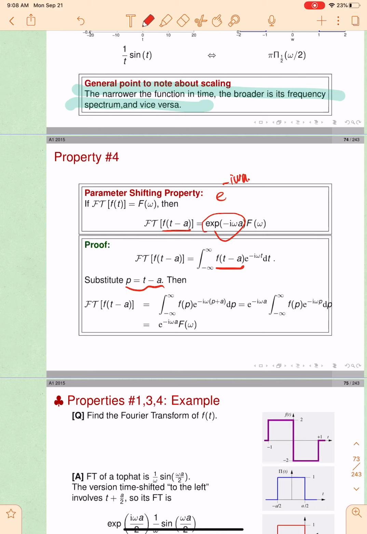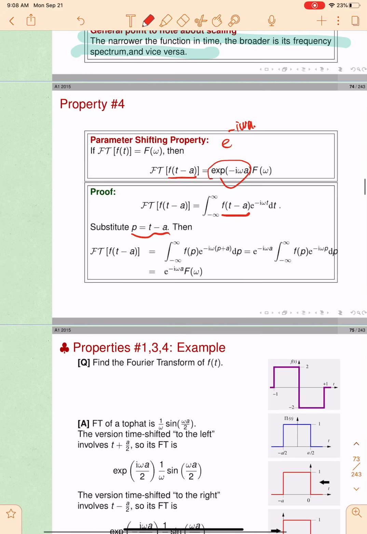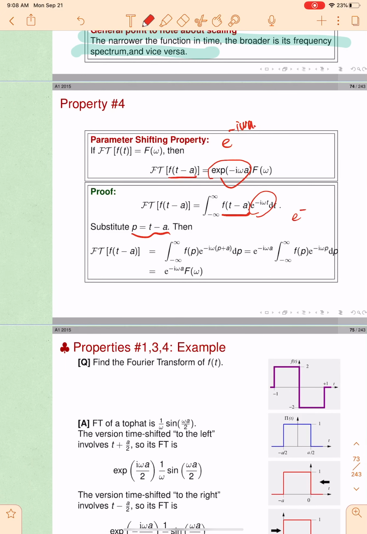Then e will become e to the minus i omega (p plus a). So you split it, you will get e to the minus i omega a in the front because it is not involved in dp, the integration. So you will finally come to this expression.